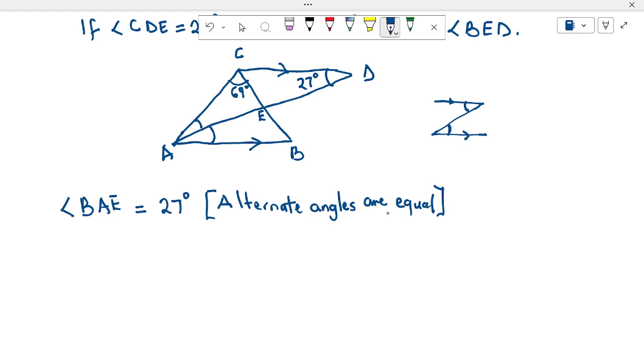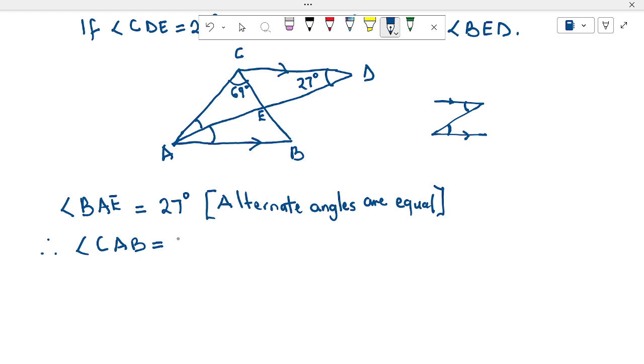That's number one. Then we go to angle CAB. Therefore, angle CAB, where is angle CAB? Angle CAB, that is the total angle.